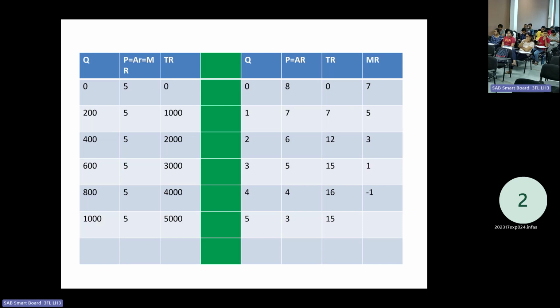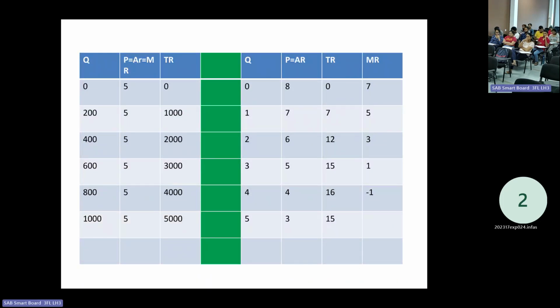Here the price varies, so the marginal revenue is different from the price. The marginal revenue is always less than the price, not equal to it. Is it clear? We can see what happens with a fixed price and with a variable price.